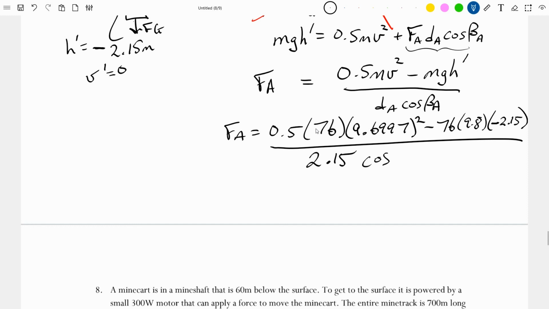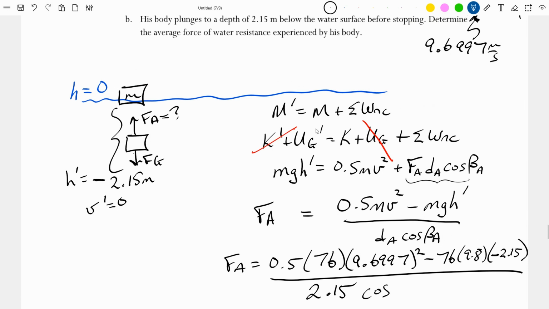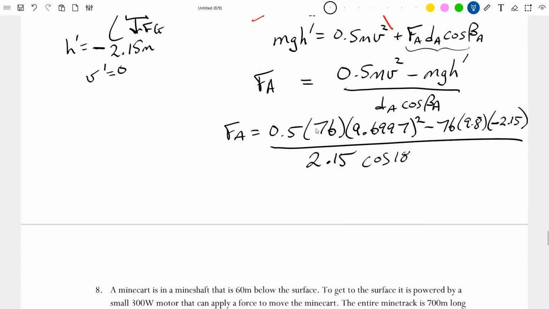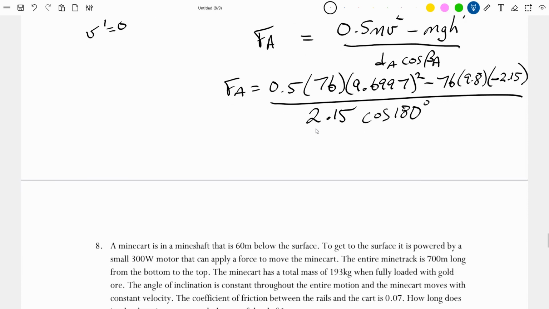Multiplied by the cos of the beta angle for the applied force. Well, the applied force is up, but I'll remind you that we're considering this downward movement to the bottom, where we end up. That means we have 180 degrees. Oops, I made a boo-boo there, not 18. My computer is kind of glitching. Oh, there we go, I think we're back. 180 degrees. I'm going to enter this exactly as I see it on my calculator to get an answer.